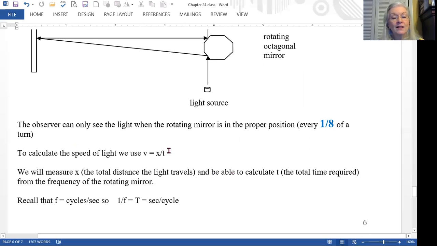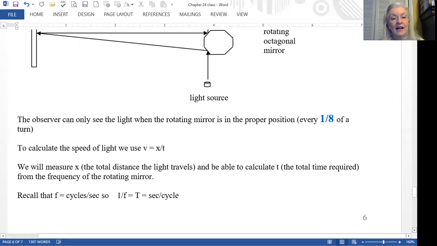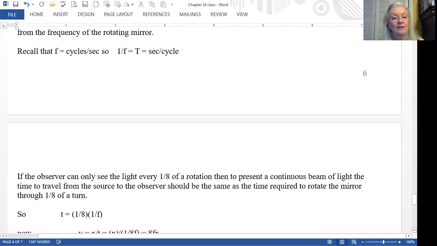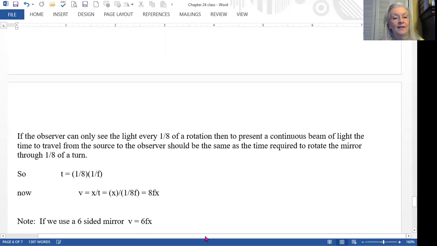As I said earlier, you could only see the light every 1/8 of a rotation. So again, velocity is distance divided by time. If we look at this, the time would be 1/8 times 1 divided by the frequency of our rotation. So we can calculate the speed of light as 8 times the frequency that the mirror rotates at times the distance the light has to travel.